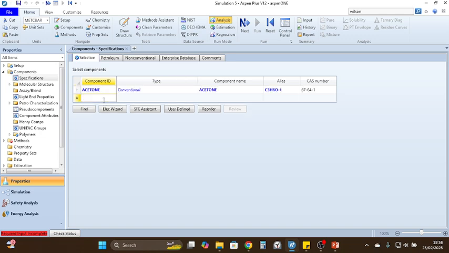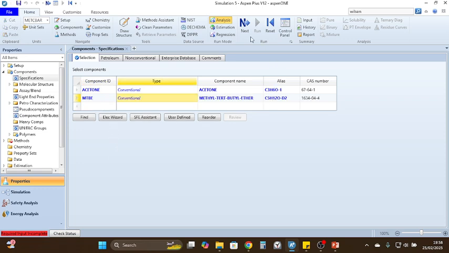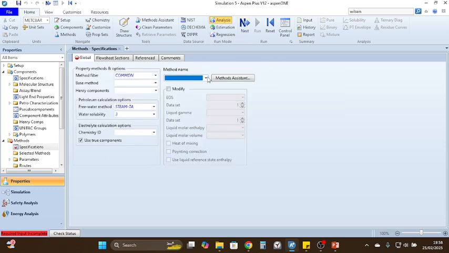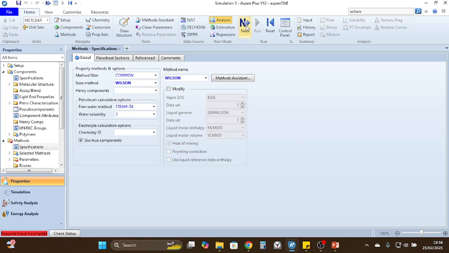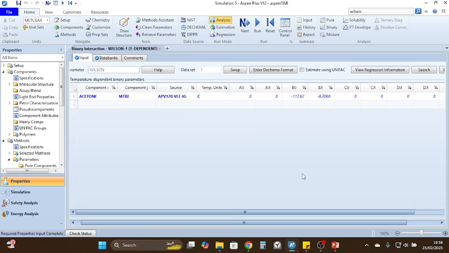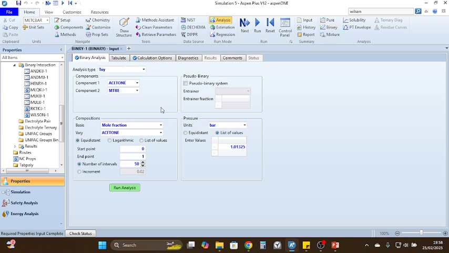Acetone. Let us do the binary analysis using this data over here. We are going to plot the TXY graph, and the pressure is 1.01325.